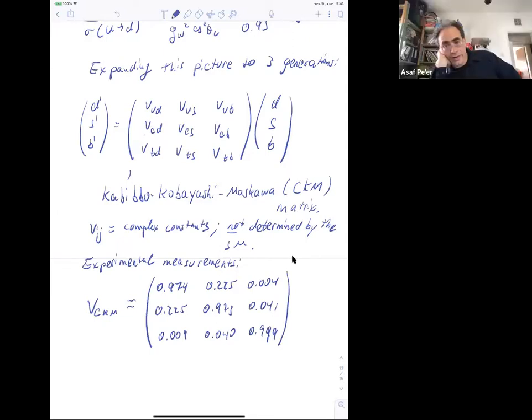So the diagonal elements, which represent the same generation transition, are the highest. So if you have a top quark, it will most likely decay into a bottom quark. The transition between the third generation, the third row here, and the first two is very small.